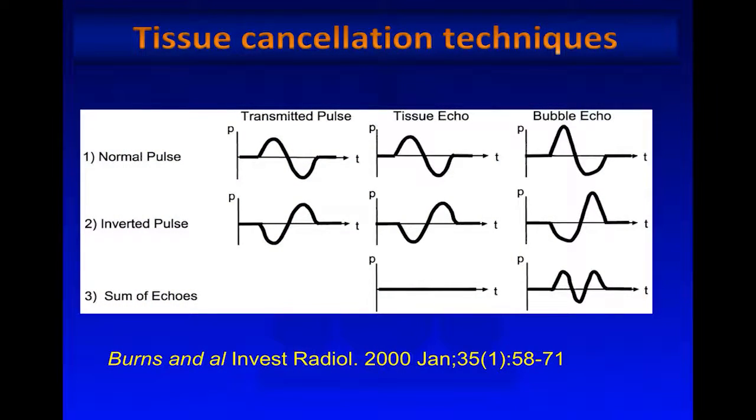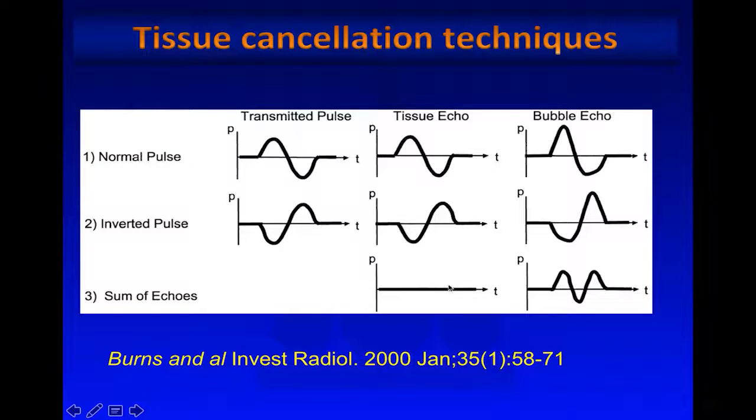The way we image these microbubbles is to use some sort of cancellation technique. For example, pulse inversion is one cancellation technique, where an ultrasound pulse is transmitted, and within a few microseconds an inverted pulse is also transmitted. Then we look at the sum of those two echoes.